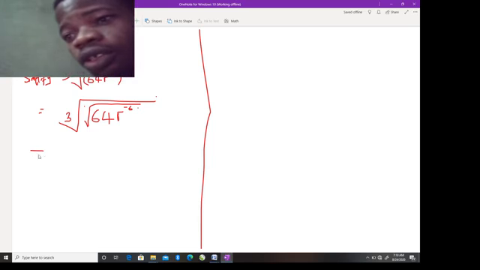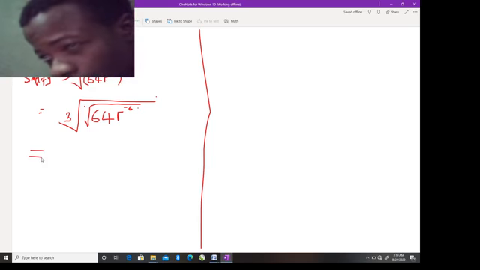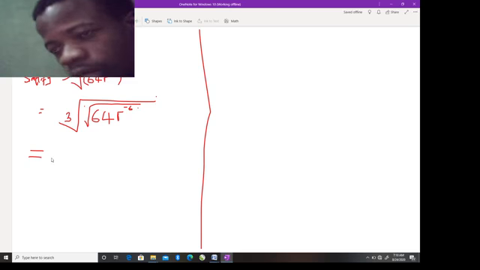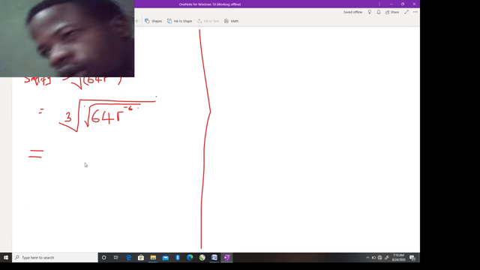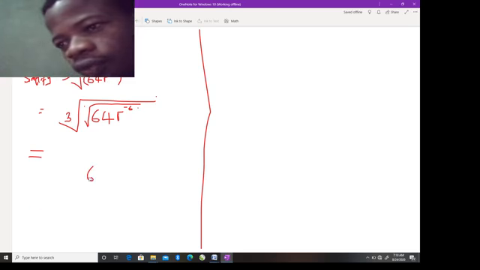If I were you, I will remove all these roots and express them in fractional power. So I'm going to be having 64 times r raised to the power minus 6.